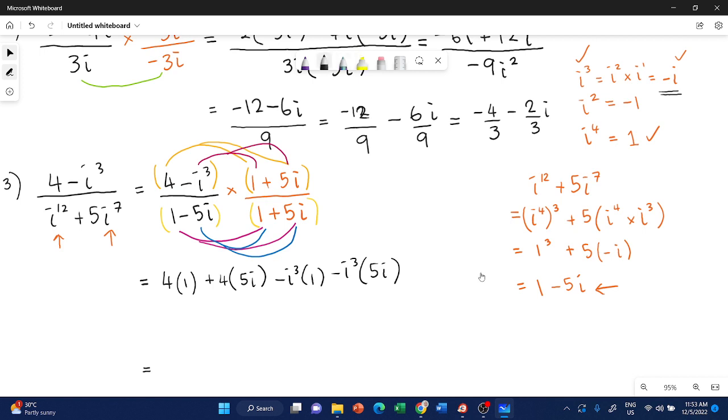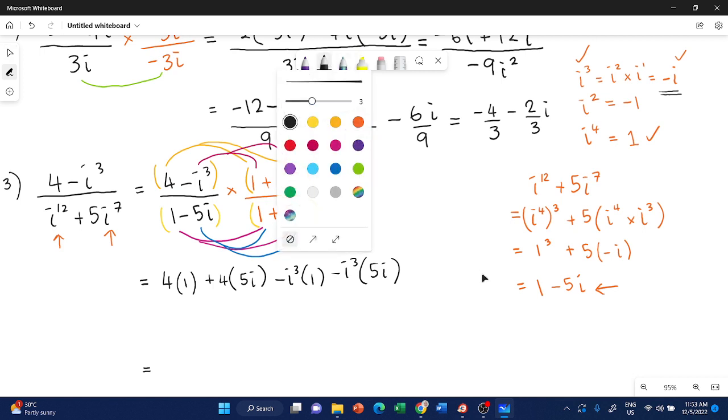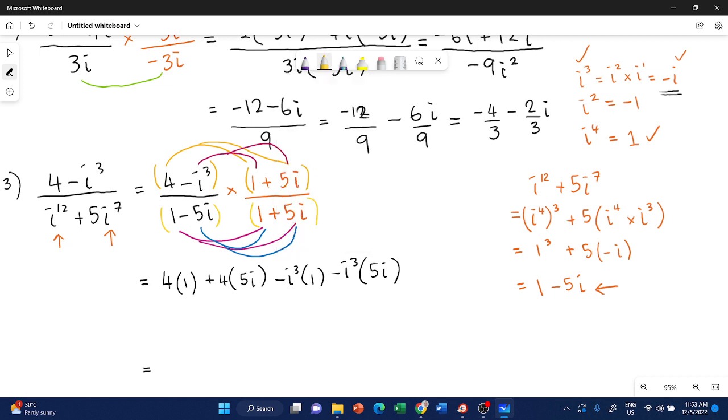So we will get just positive i. Do you see this thing? Then this part is simplified to positive i.